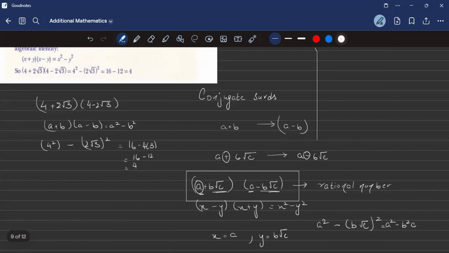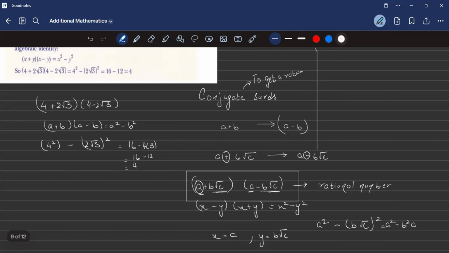Now, the thing is, when do we mostly use conjugate surds? Basically, the main idea of conjugate surds is to get a rational number.